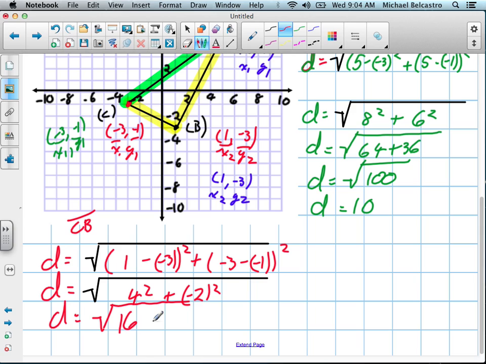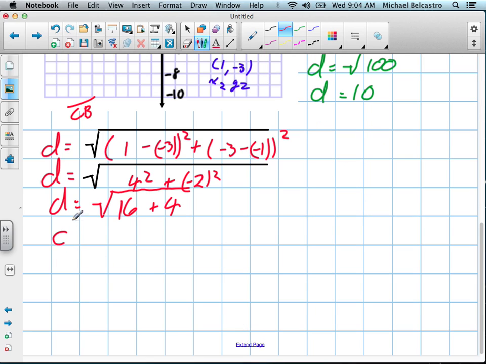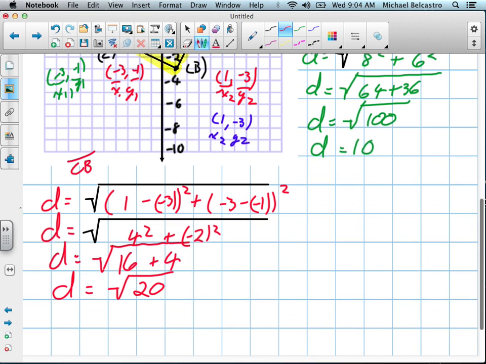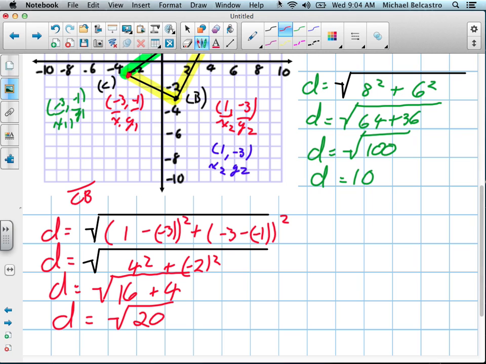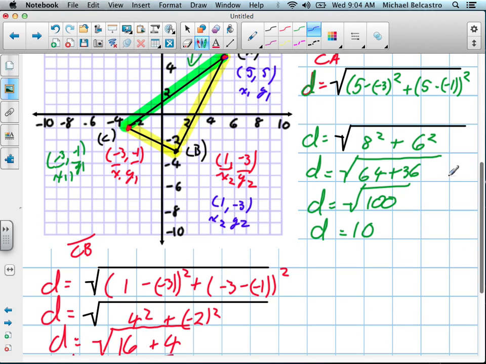Positive or negative? It is positive 4. Whenever we square a number like that, we get a positive answer. And in the end, we get root 20, which is some decimal number. I'm going to leave it as root 20 for now, because it'll actually be very simple to put into Pythagorean's theorem. And finally, the last distance we need to solve is AB.